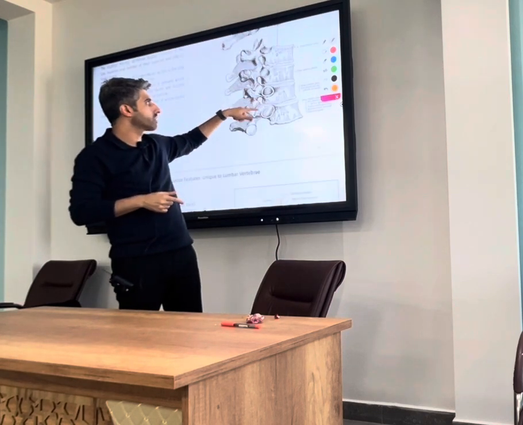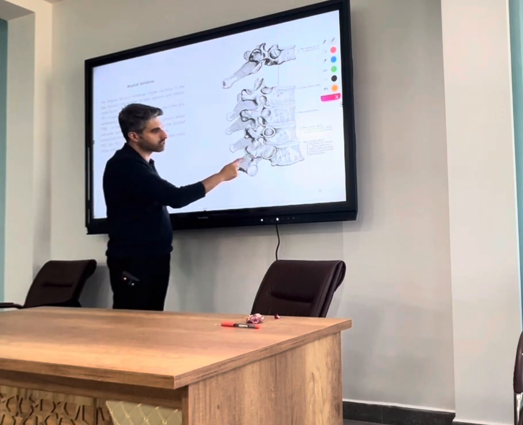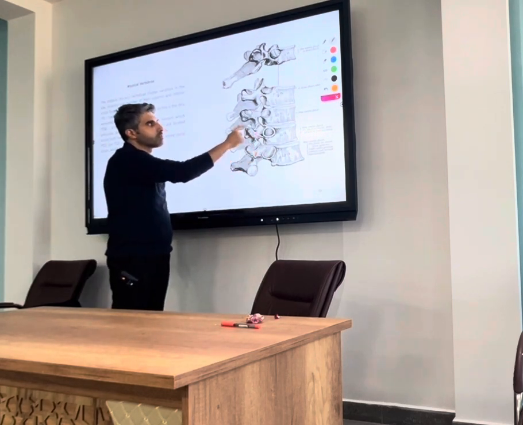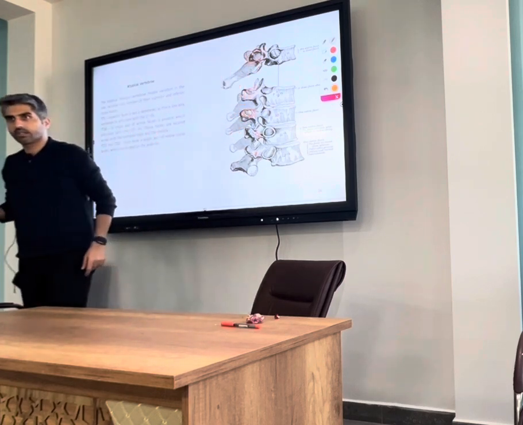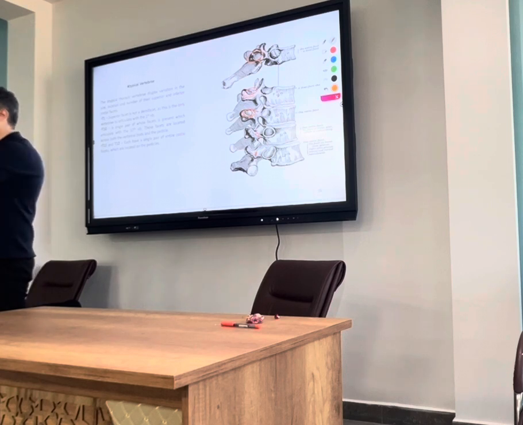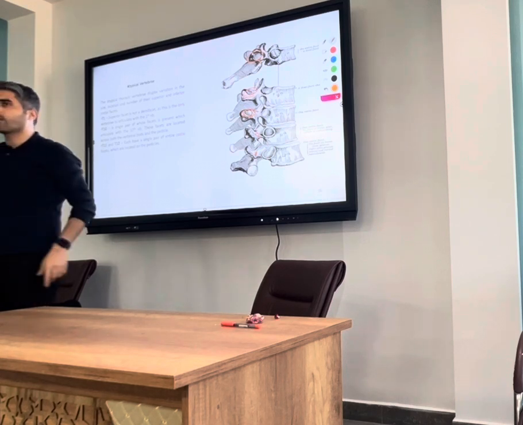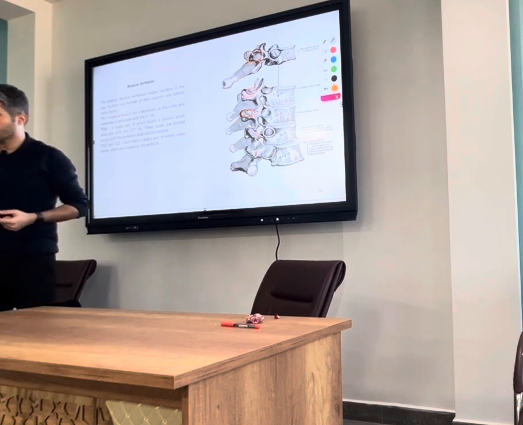They don't have a surface on the transverse process. But all the other vertebrae have this. Ribs attach to the transverse process, except T11 and T12. Okay?